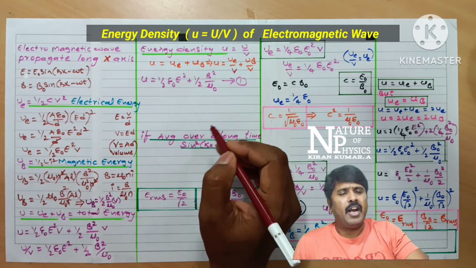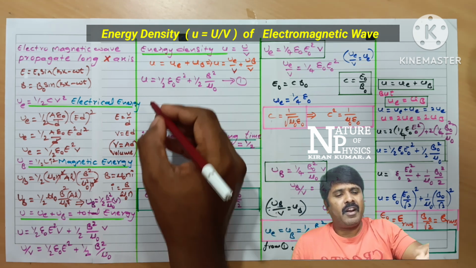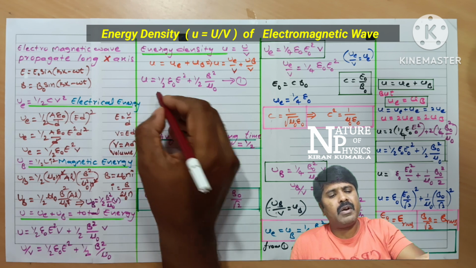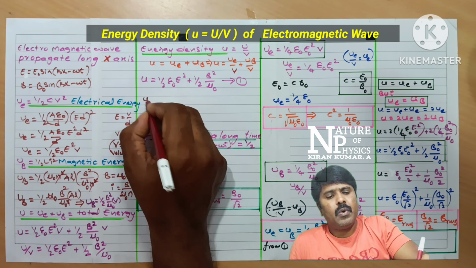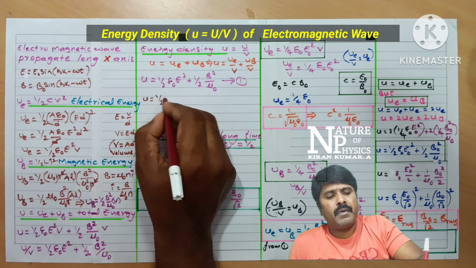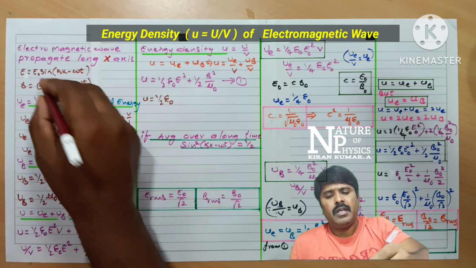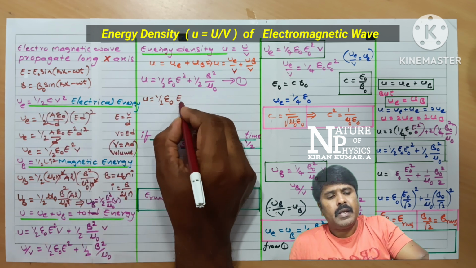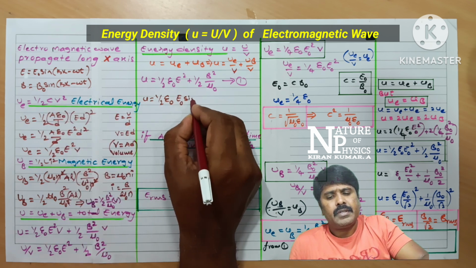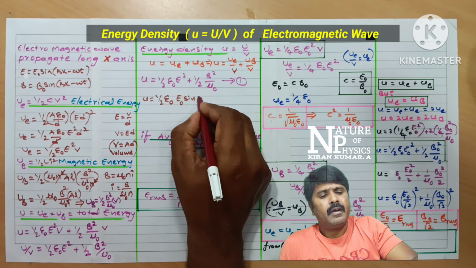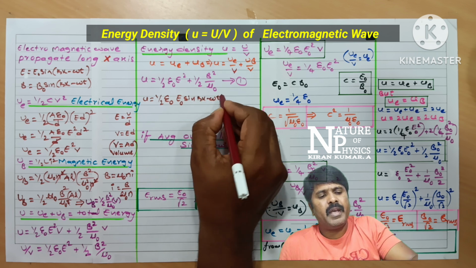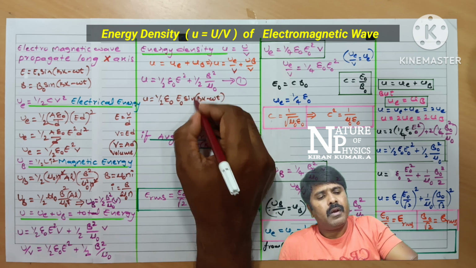The E value and B value I am going to replace, where E is equal to E naught sin(kx minus omega t). So U is equal to half of epsilon naught, and the E value is E naught sin(kx minus omega t) whole square.